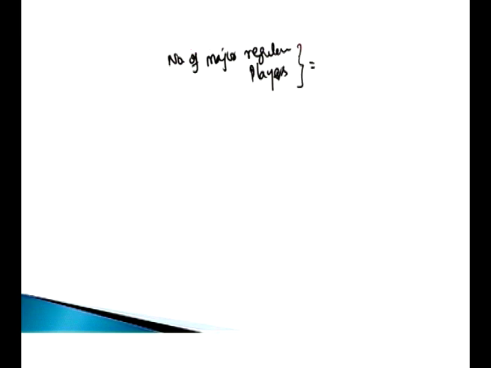Similarly, number of major regular players. This information also you have to get it from the question. Number of major regular players, they are denoted as AB is equal to 48 plus 30 plus 12, which is equal to 90.